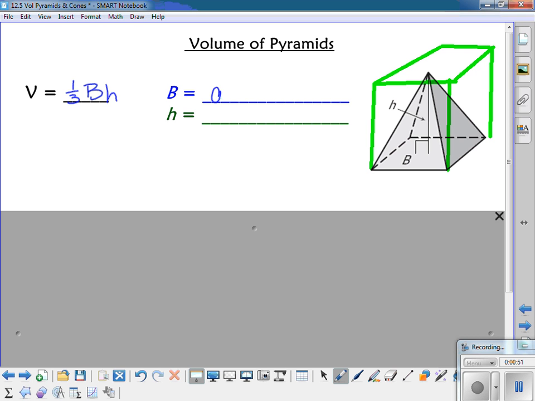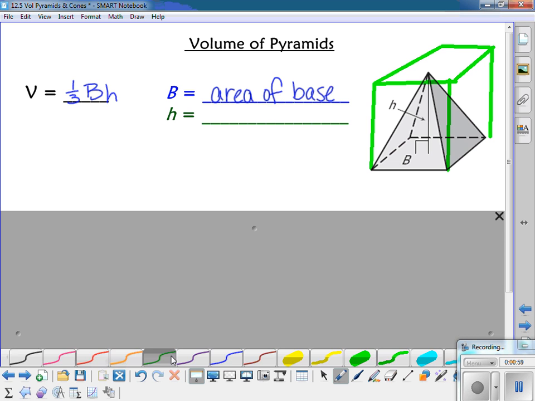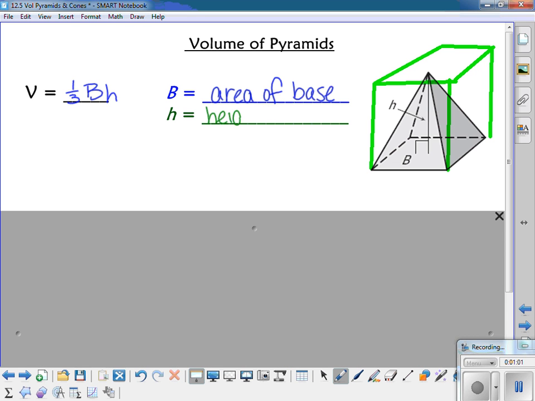So B is the area of the base, and H is the height of the pyramid. And it's important to remember that the height has to be perpendicular to the base.